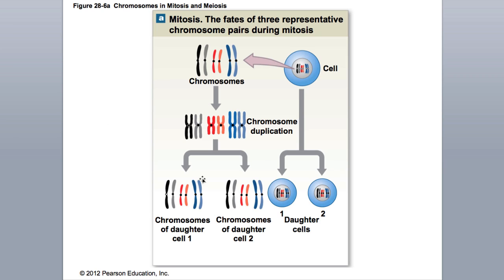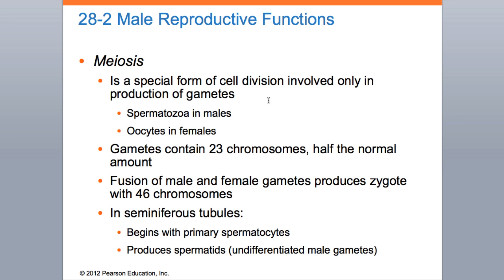This is just to let you know the difference. So if you don't know the difference between mitosis and meiosis, yes, you should review this. This slide will refresh your memory.